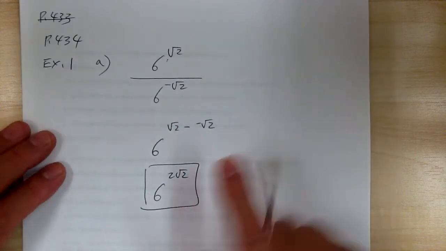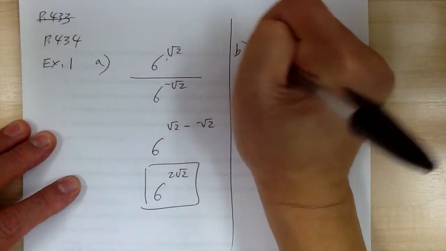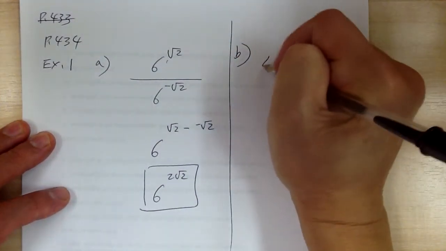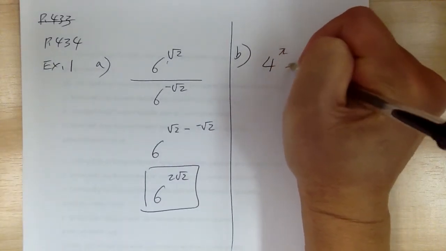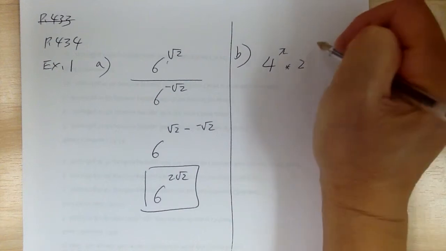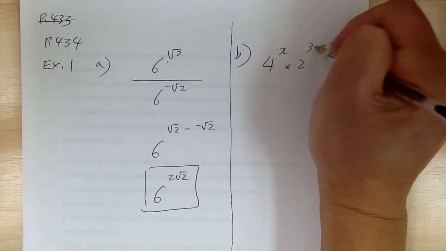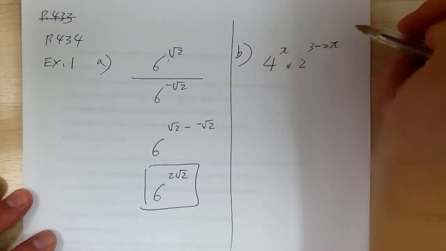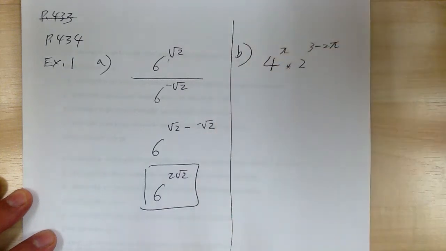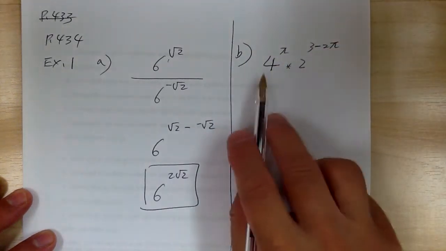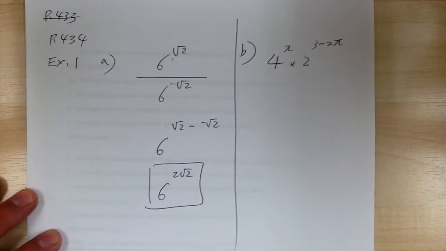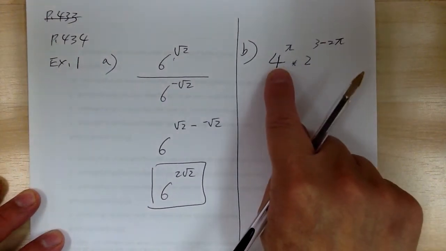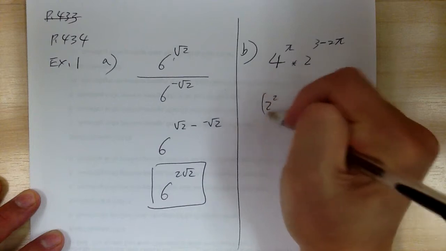Now let's go to B. You have 4 to the pi times 2 to the 3 minus 2 pi. Again, it looks kind of messy, but it's not that bad. Remember what I said: when the bases are different, you want to make them into a lower base, and then it's easier to do. So from here, you're going to make 4 into 2 to the 2.